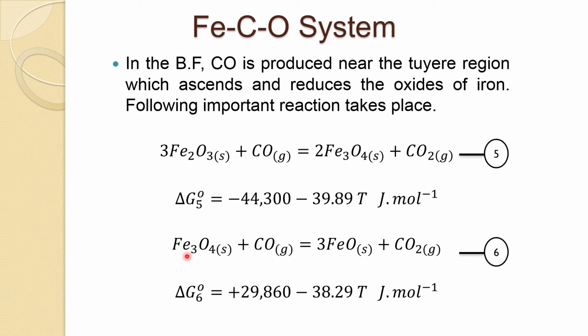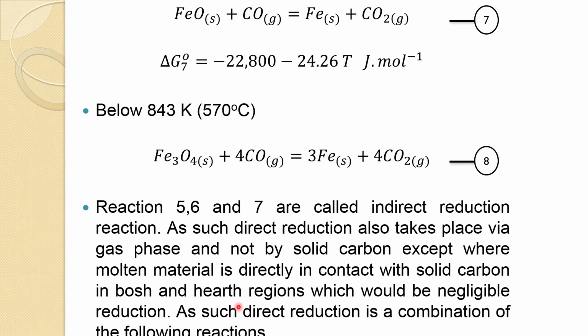Then, as we go further down, magnetite converts into wustite, and this is an endothermic reaction from the free energy. Then this FeO converts into iron, a slightly exothermic reaction.